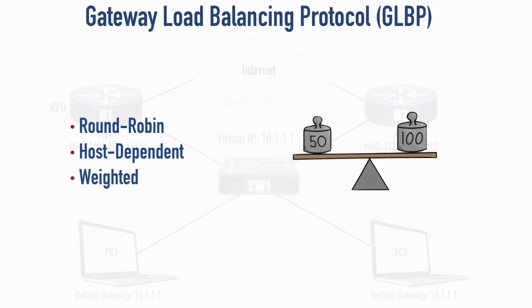We could do weighted load balancing. For example, if I assigned a weight of 50 to R1 and a weight of 100 to R2, then that means my active virtual gateway would be handing out R2's MAC address, with a weight of 100, twice as often as it would be handing out R1's MAC address, which has half the weight, a weight of 50. That's going to give us weighted load balancing.